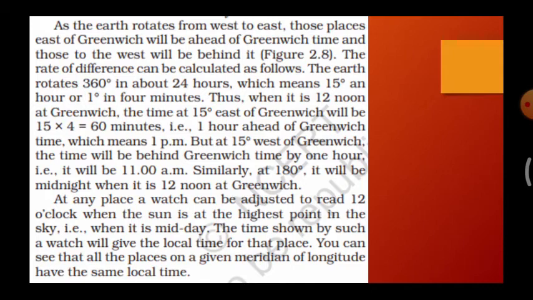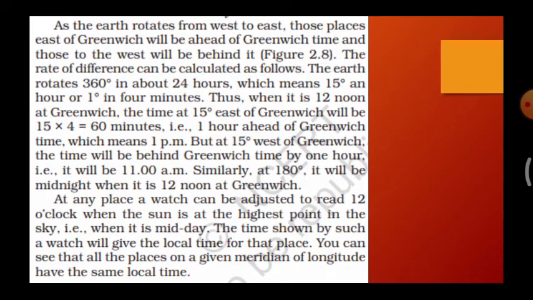So, students, understand that if Greenwich is at 12, then 15 degrees east means 1 hour after 12, so that is 1 p.m. And 15 degrees west means 1 hour before 12, so that is 11 a.m.